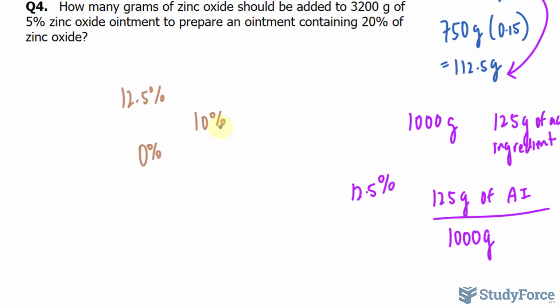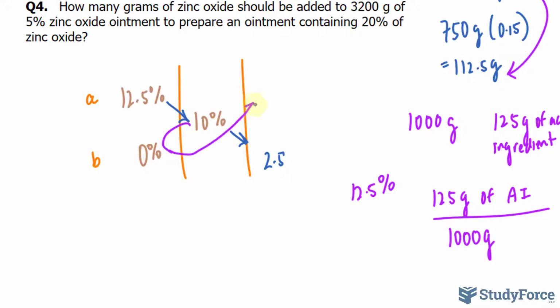And to find out the amount of parts that I need for each of these, so I'll call this A and B, do the following. Take 12.5 minus 10 and put that number over here, which equals 2.5 parts. That's the amount of parts you need for the petroleum jelly. And the amount of parts you need from the 12.5% mixture can be found by taking this value, 10, minus 0, and placing it up there.